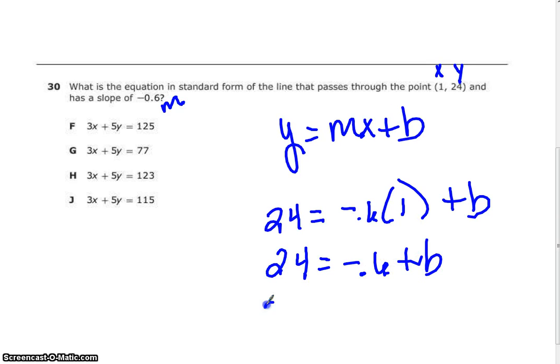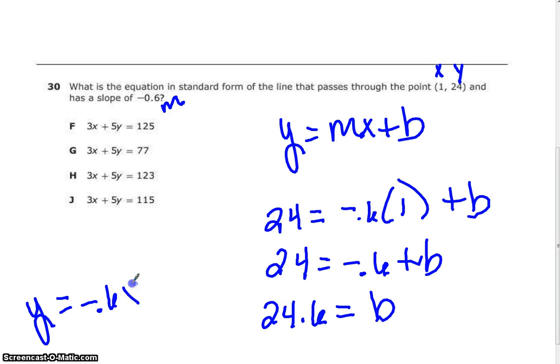Add my 0.6, so 24.6 is equal to b. So my equation would be y is equal to negative 0.6x plus 24.6.